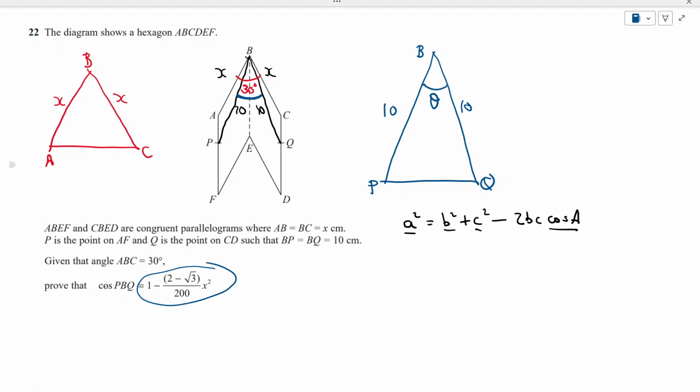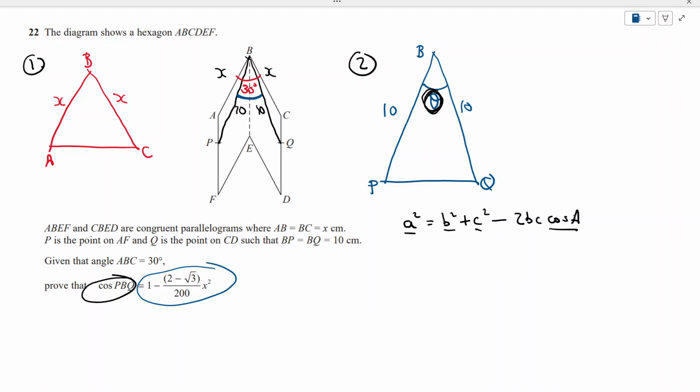Now, what we're asked for is the cosine of one angle of this second diagram. Let's label these diagrams. Diagram 1, diagram 2. Now, we need to find the cosine of this angle here, right? Cosine of this angle here.